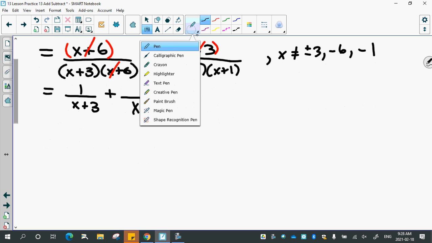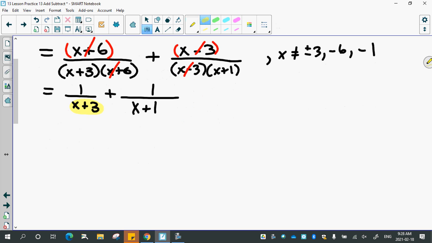All right, so now we have our 2 different factors to consider for our common denominator. So our common denominator is going to be x plus 3 times x plus 1.